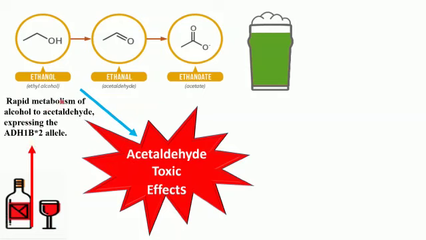The first effect is related to the enzyme alcohol dehydrogenase. If the allele alcohol dehydrogenase 1B2 is expressed, alcohol is rapidly metabolized to acetaldehyde, and because of this there is accumulation of acetaldehyde, which causes toxic effects.